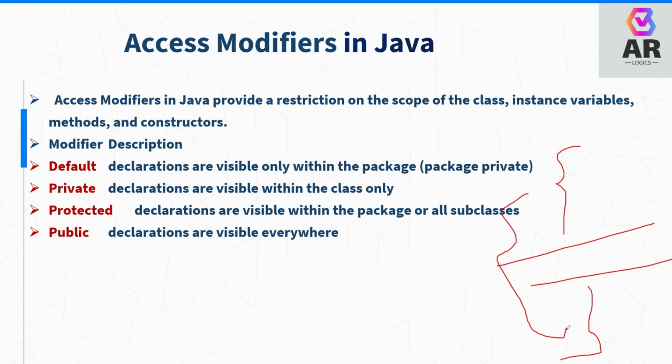Suppose, for example, there is a Facebook account. When you change the privacy of your status to only me, only you will have access to that particular status, and no one else can enter.